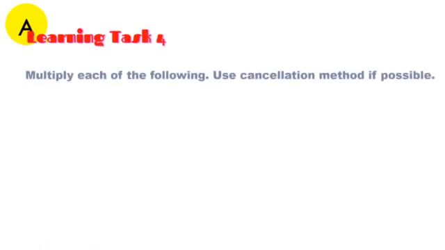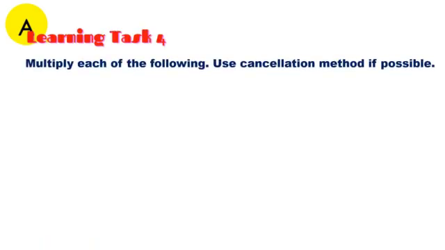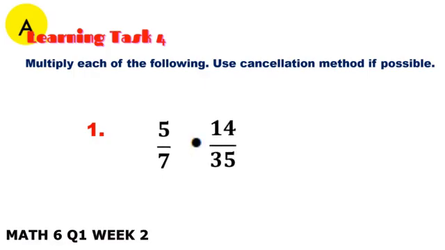Learning task 4. Multiply each of the following. Use cancellation method if possible. Number 1, 5 over 7 times 14 over 35. You can cancel 5 and 35, and the common factor is 5. 5 divided by 5 equals 1. 35 divided by 5 equals 7.